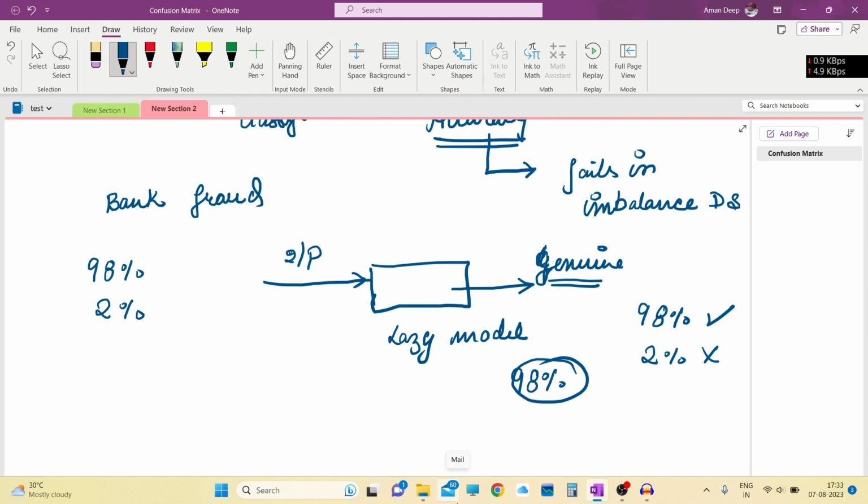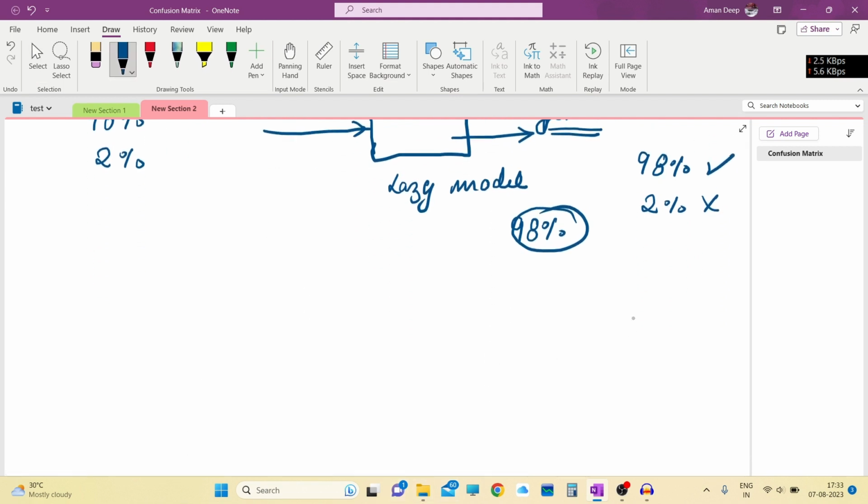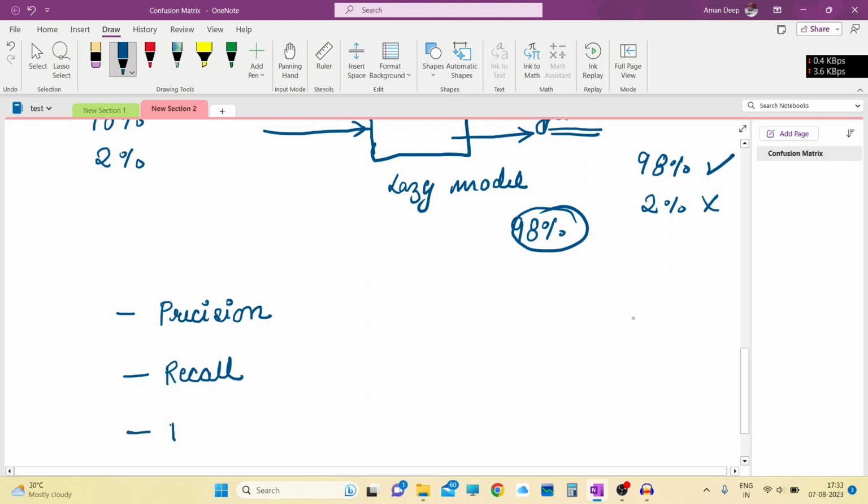So to overcome this problem, we introduce two more metrics. These two metrics are precision and recall. There is one more metric other than that, which is called F1 score.